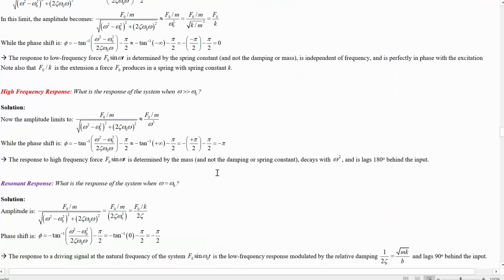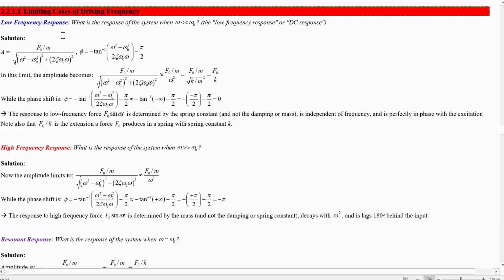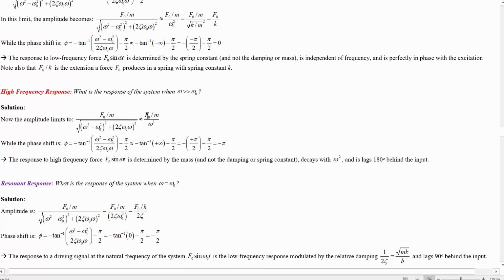So we have 3 cases: a low frequency response that happens when you drive it with a low frequency forcing function compared to the natural frequency, and then it responds in phase with an amplitude of f naught over k. If you drive it at high frequency, the amplitude goes down further and further with increasing frequency, f naught over m over omega squared, and it ends up being 180 degrees out of phase.